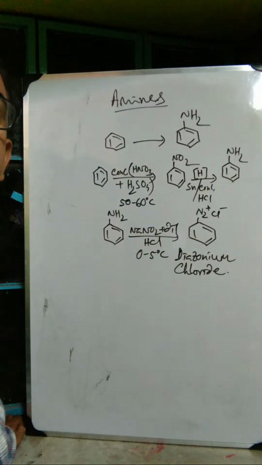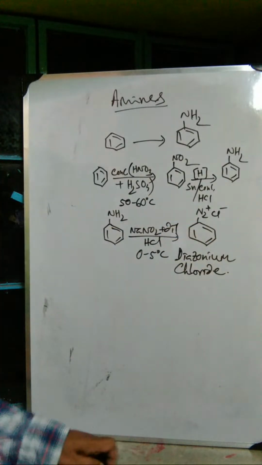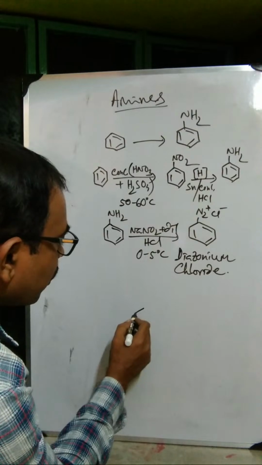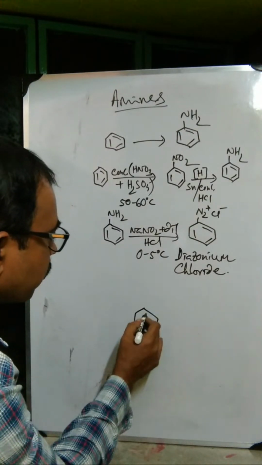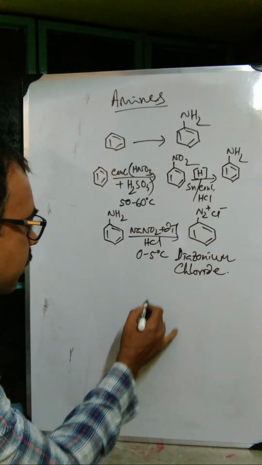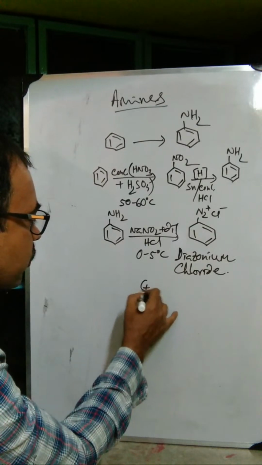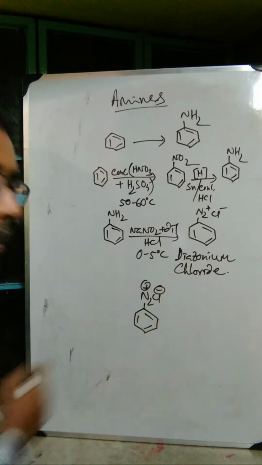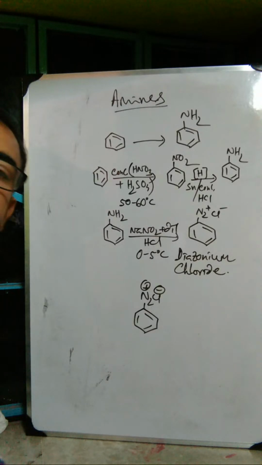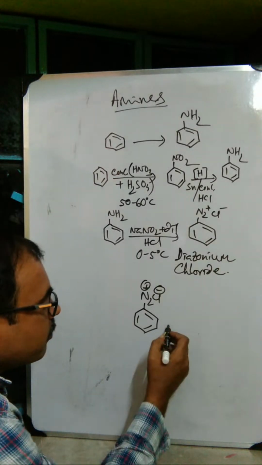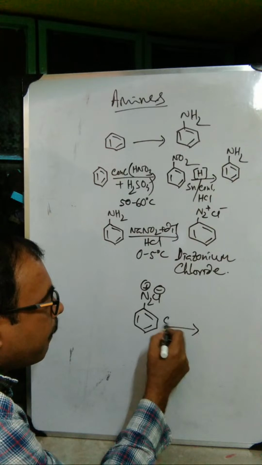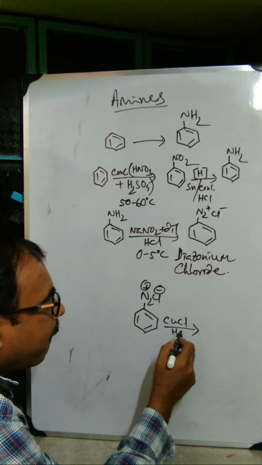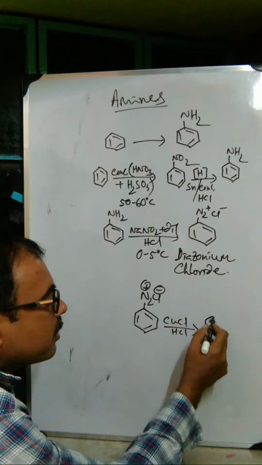Now, once diazonium chloride is formed, we can make so many conversions. Here if N2 plus Cl minus ion is formed, then according to the Sandmeyer reaction, if you give CuCl with HCl, you will get chlorobenzene.